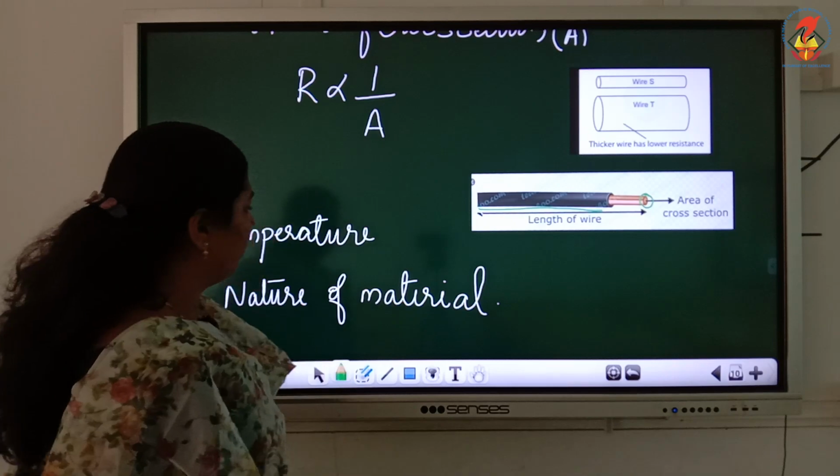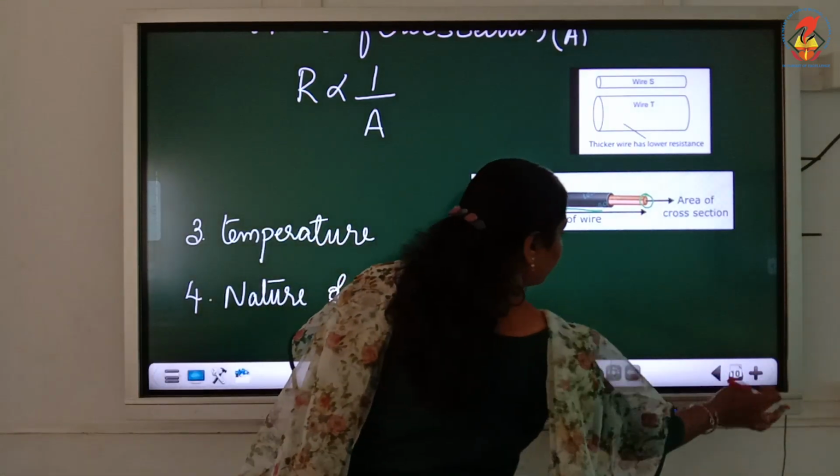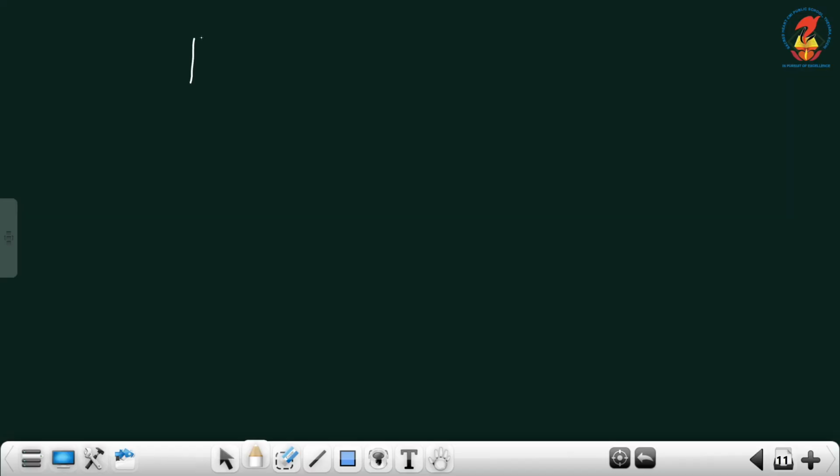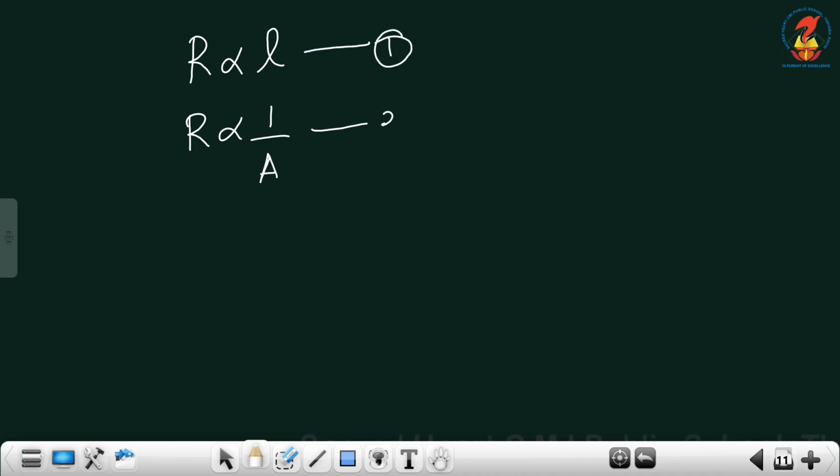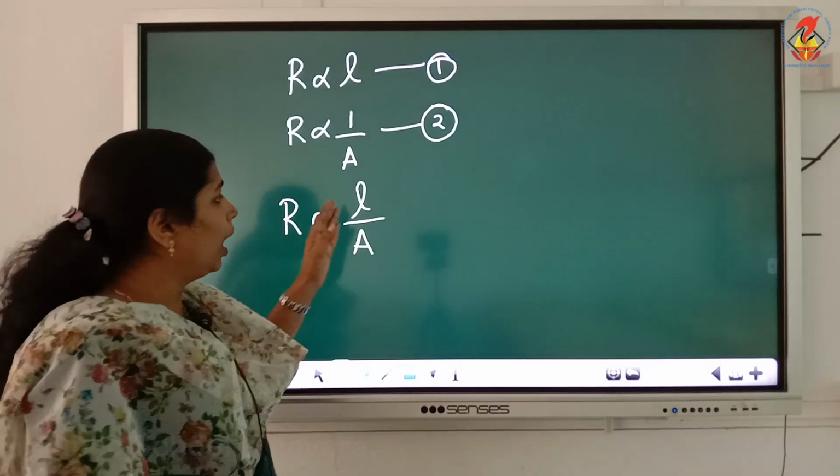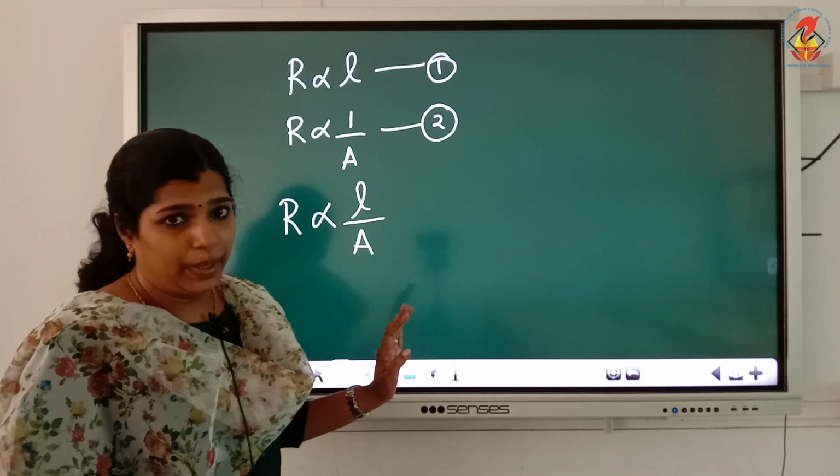Now, we will combine these two equations, R proportional to L and R proportional to 1 by A. Name it equation 1 and equation 2, and combine together. So, we get an equation like this, R proportional to L by A.